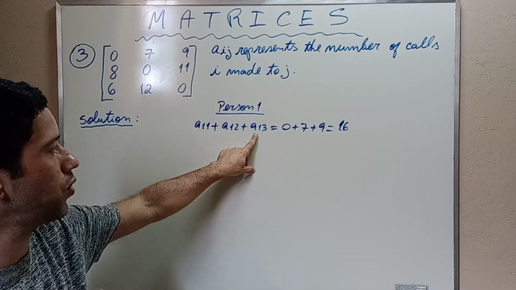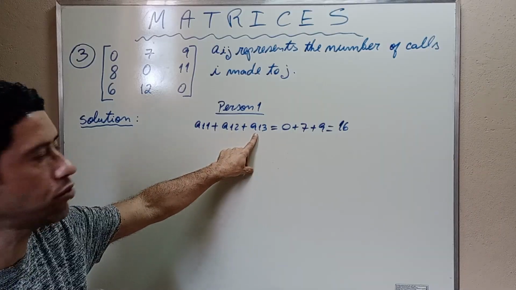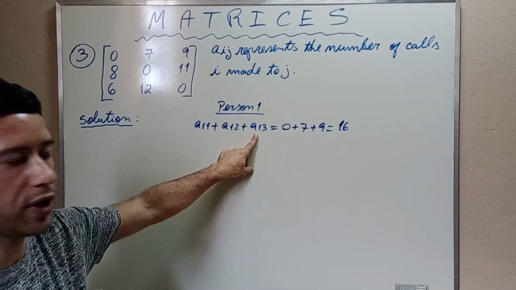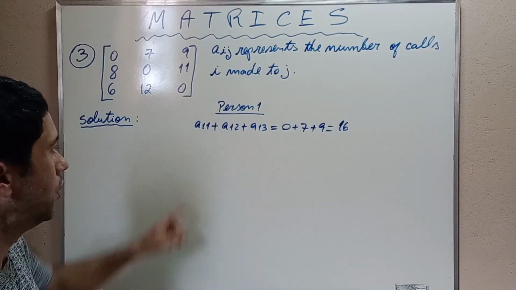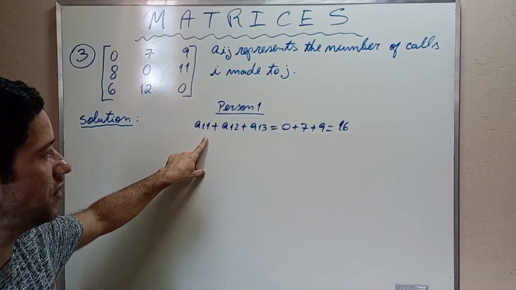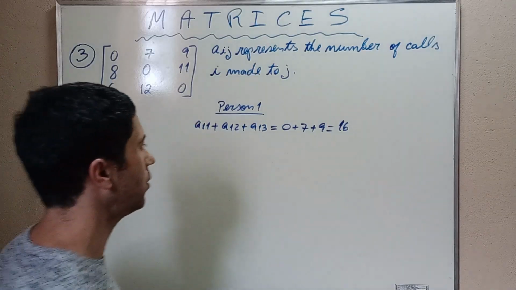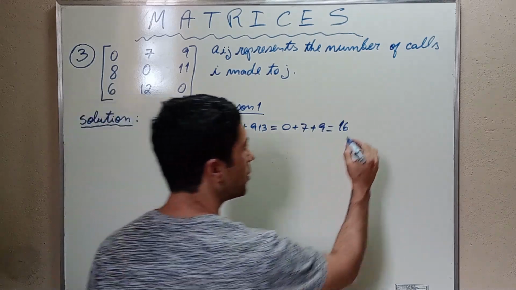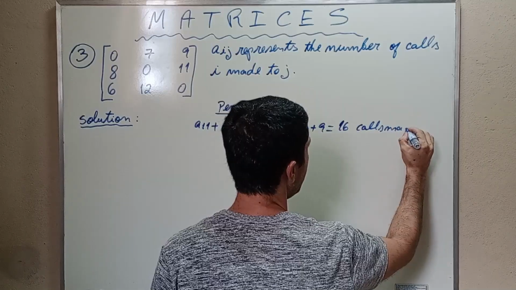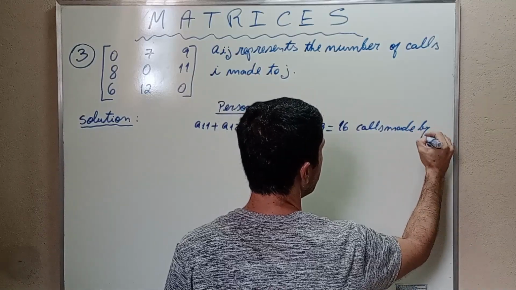And A13 represents the number of phone calls person number 1 made to person 3, okay? So, person 1 called 16 times. So, this number represents calls made by 1.